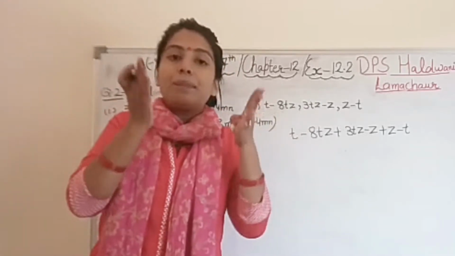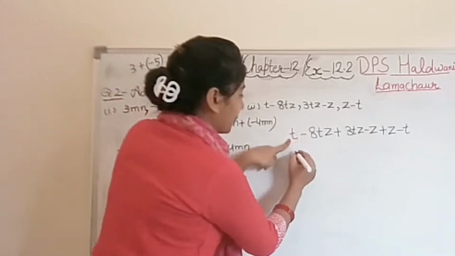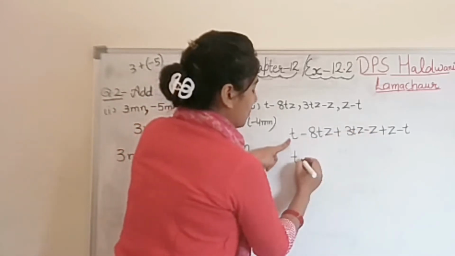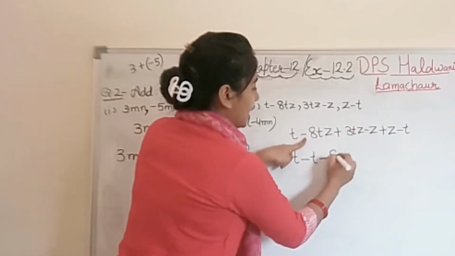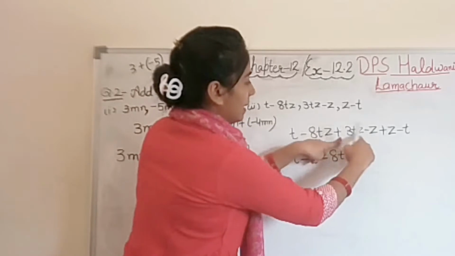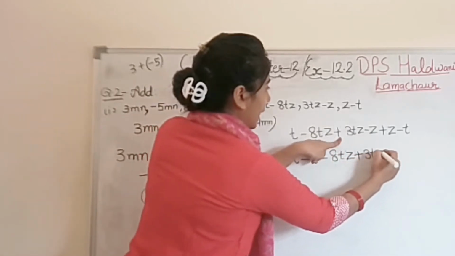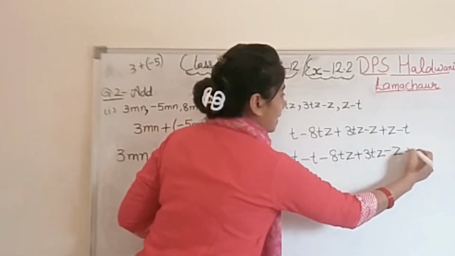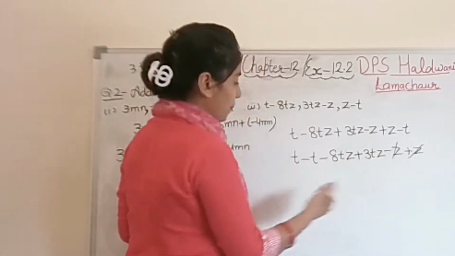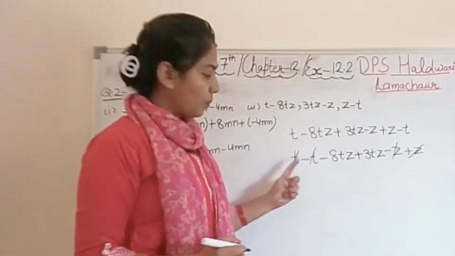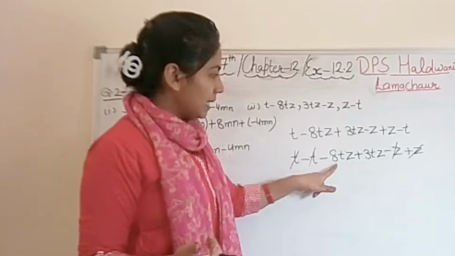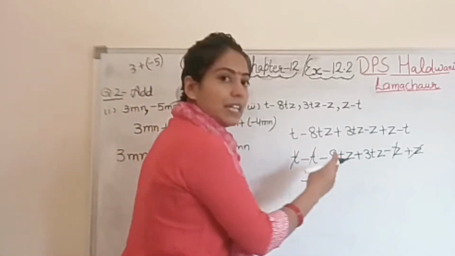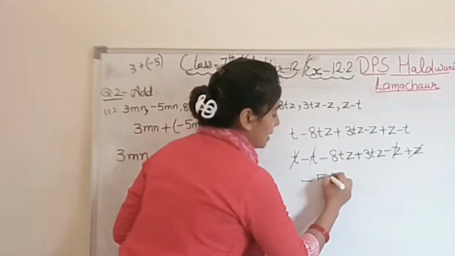Right? Now, pair up the like terms. T, any other t? Yes, minus t. Here is minus 8tz. Tz, here is 3tz. And then minus z plus z. It is cancelled because 0. It is also cancelled because 0 plus minus minus 0. Right? Now here is minus 8 plus 3, minus 5tz.